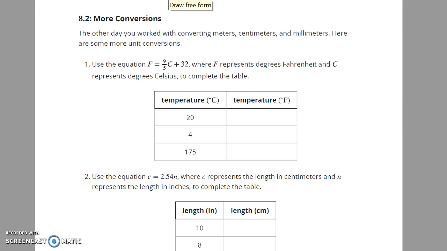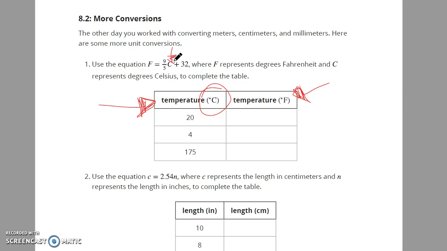So please use the equation F equals 9 over 5 C plus 32, where F represents degrees Fahrenheit, this guy right here, and C represents degrees Celsius, this side right here. So use this equation to fill out this table. Remember though, C here is always going to fill in here at this C, all right? That is how you're going to find F.